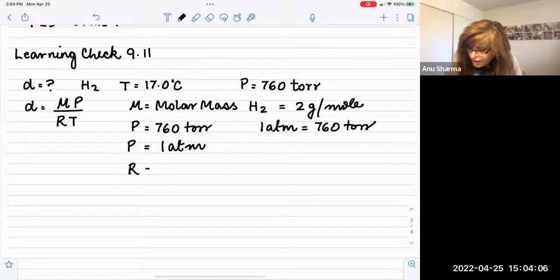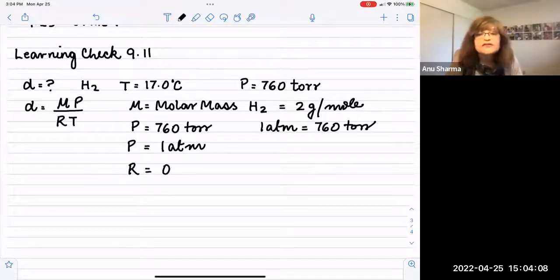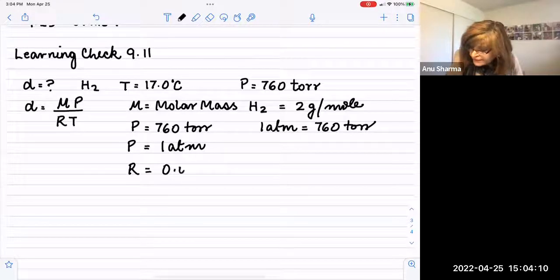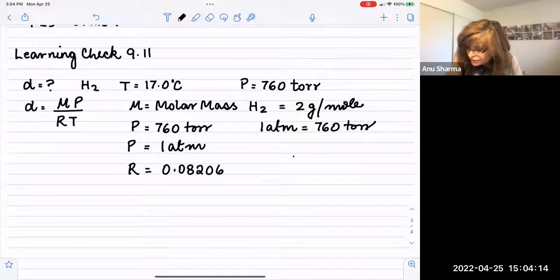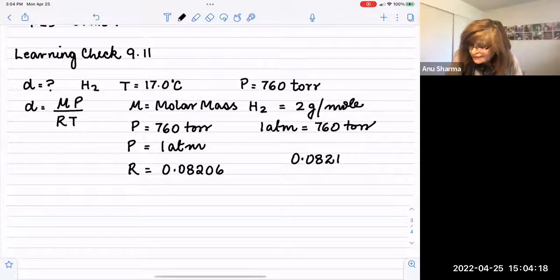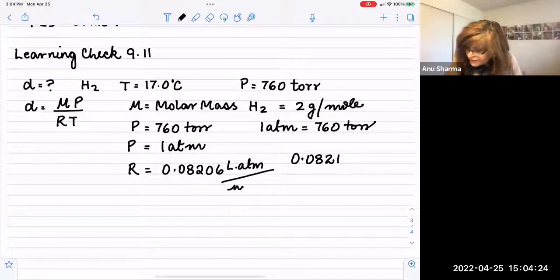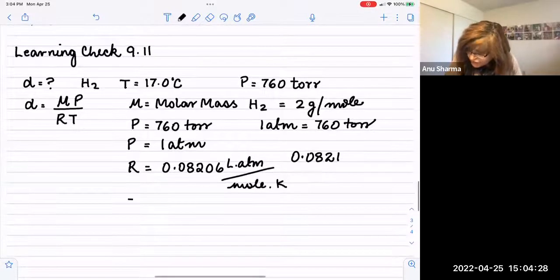Now the value of R is a standard, that's the gas constant, 0.08206. Some of the books also say 0.0821. It's the same thing, in liters times atm over moles times K. The temperature given to us is 17 degrees Celsius.